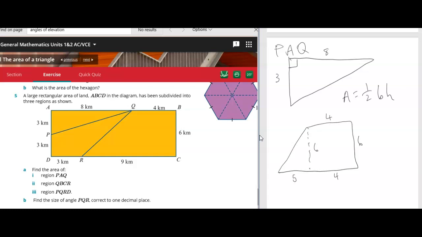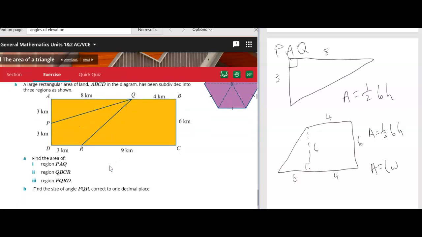So remember that's 4. It's a right angle there. So you're going to have this formula for your triangle, and then you've got your area of your rectangle. And then PQRD.